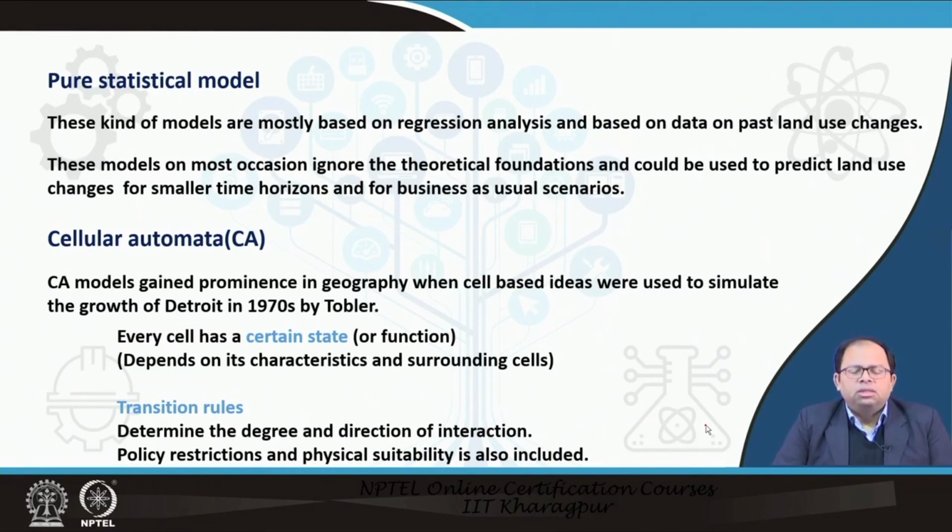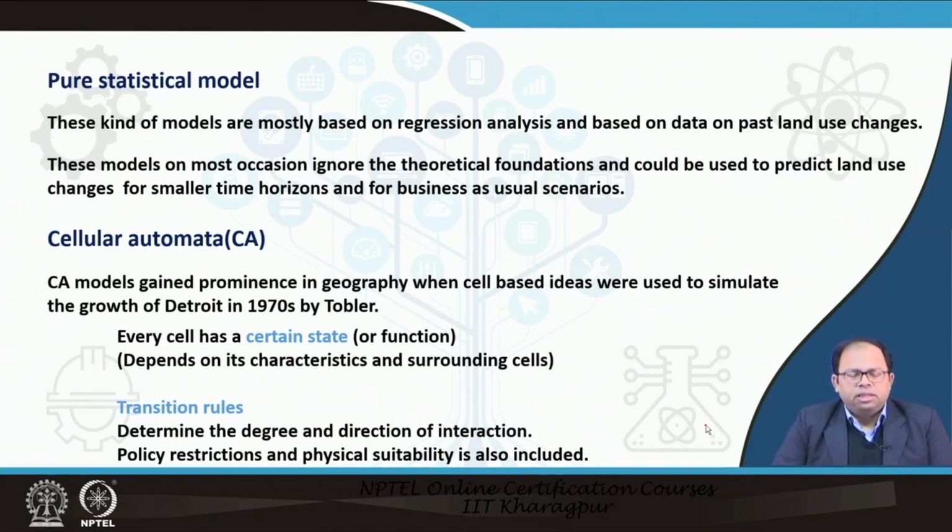So CA models are based on cell-based ideas which were used to simulate growth, particularly in the Detroit urban areas during the 1970s, and this was initiated by Tobler. And this theory says that every cell has a certain state or function, and it depends on the characteristics of the surrounding cells as well.